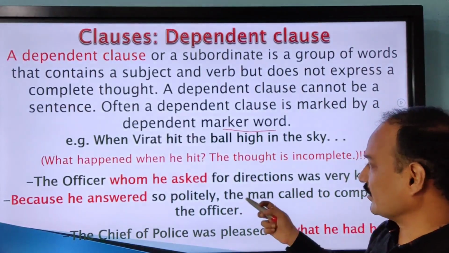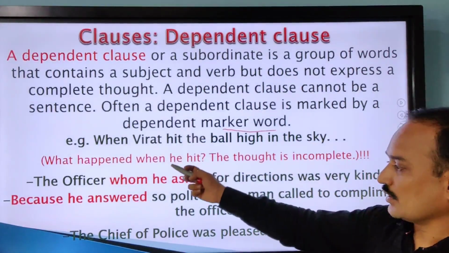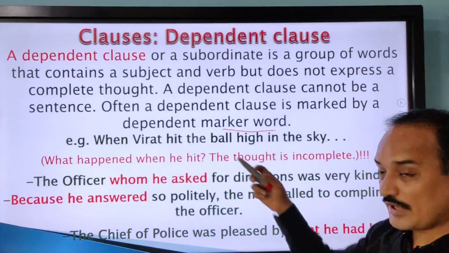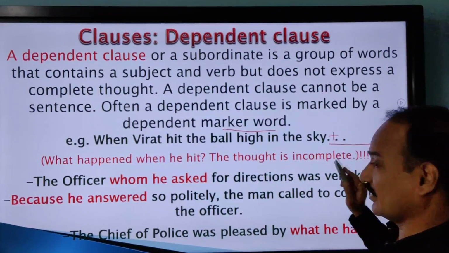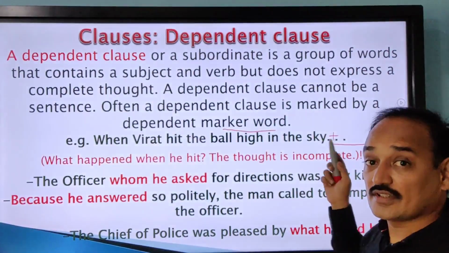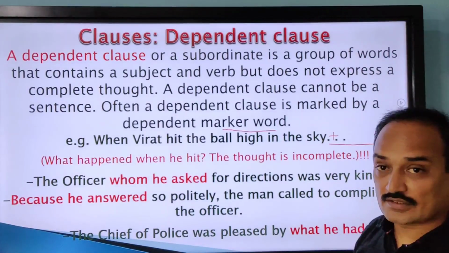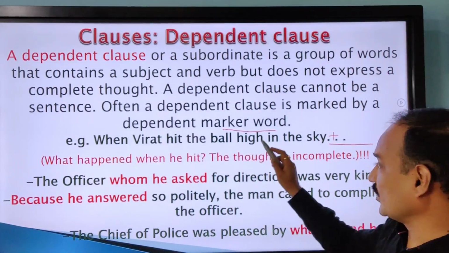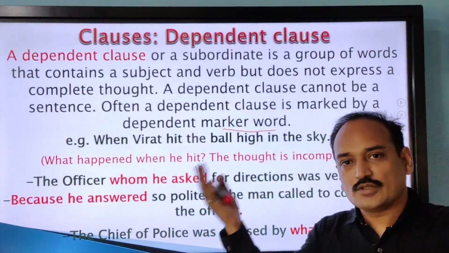What happened when he hit? The thought is incomplete. Now, if we have to make it clear, we have to add something here, and that will become the independent clause, which this clause is depending on. When Virat hit the ball high in the sky, it went out of the boundary.